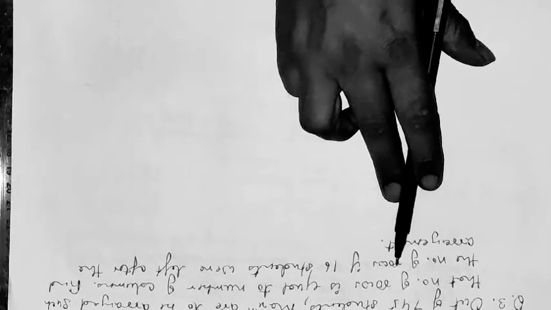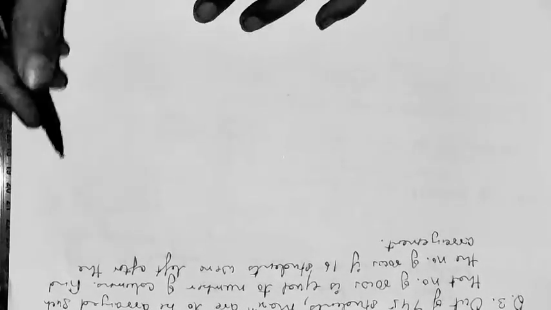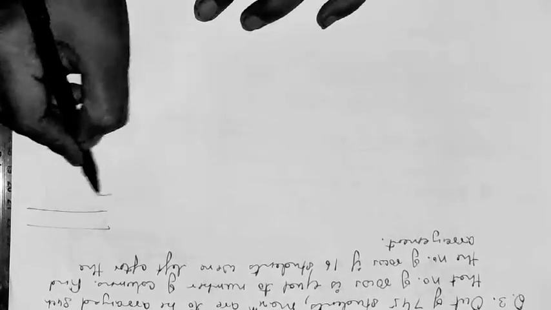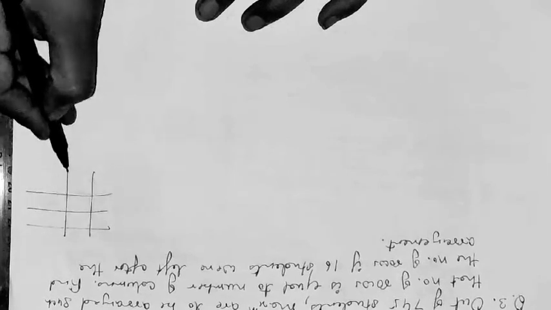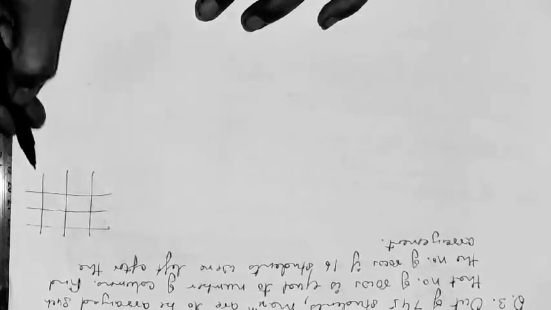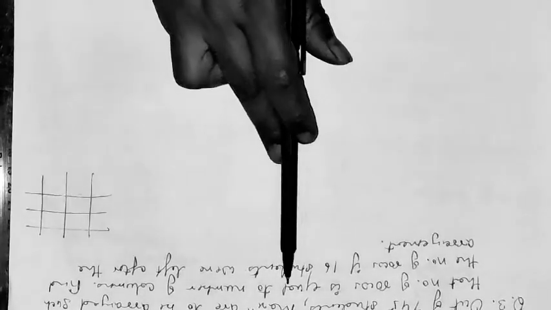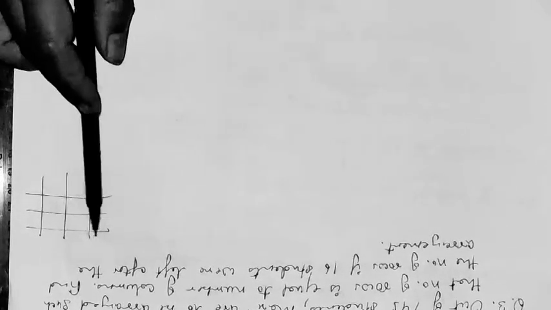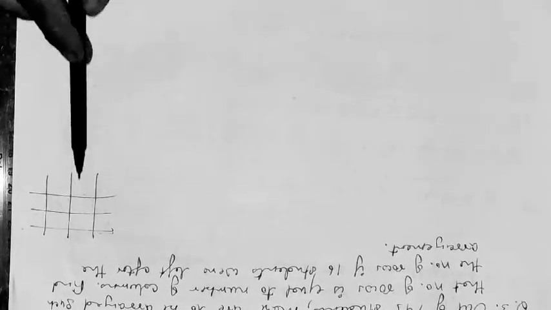Now class, look at the question. We have total 745 students. We have to arrange them in such a way that the number of rows, horizontal lines are called the rows, and vertical lines are called the columns, should be equal.